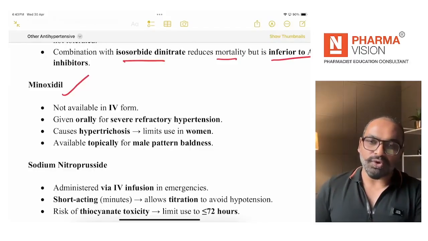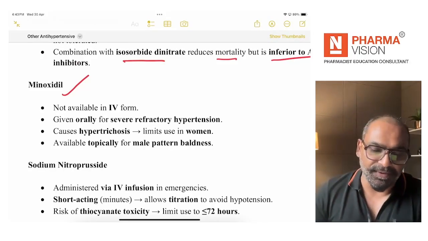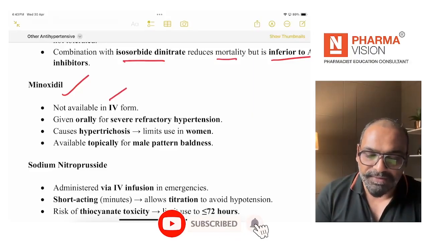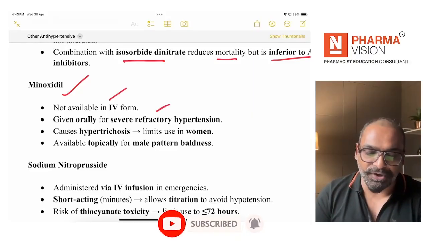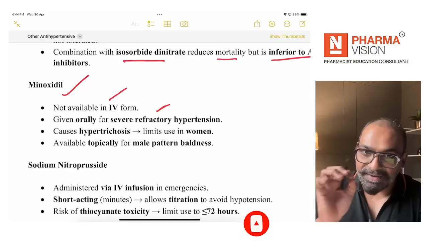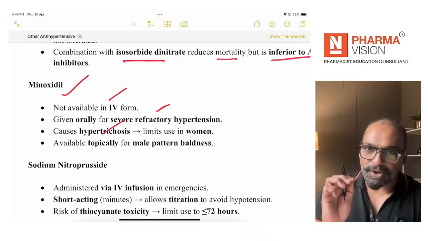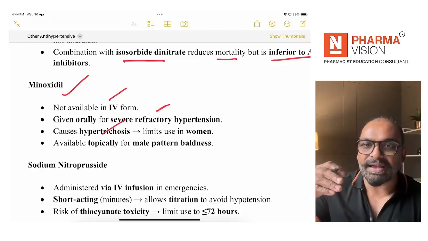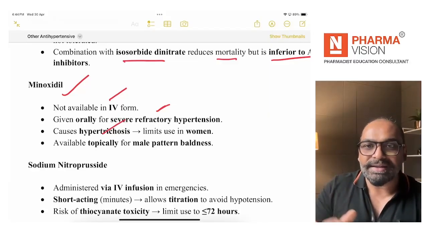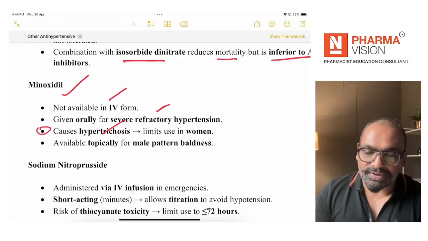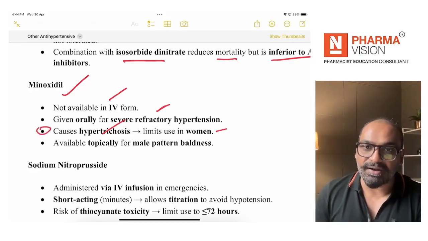Minoxidil. Nowadays minoxidil is not used very frequently because it is not available in IV form. It is given orally for severe refractory hypertension, but the associated side effect is hypertrichosis. Hypertrichosis means it can cause hirsutism, or increased hair growth. That's why in normal situations this medication is not preferred in women.